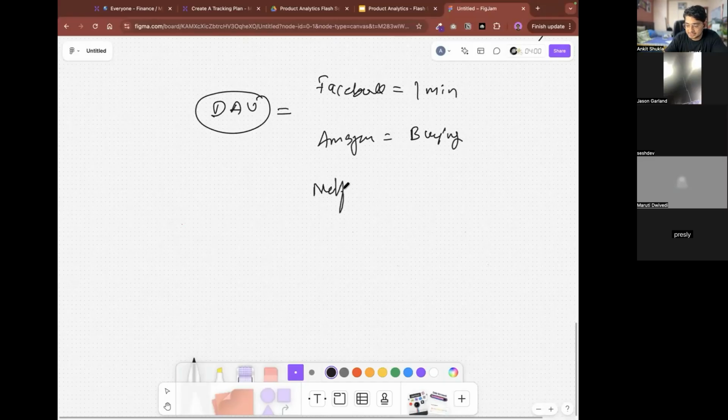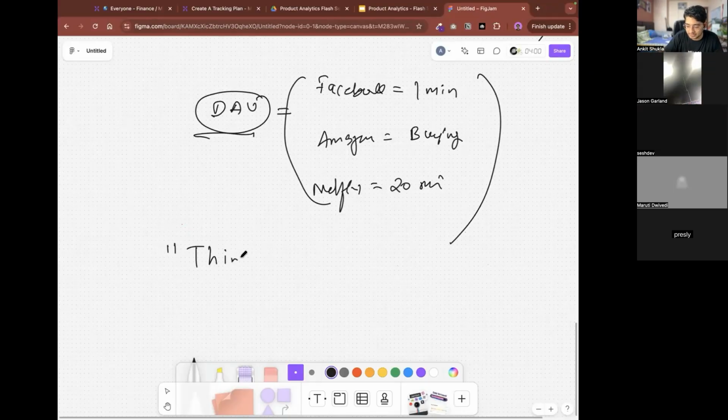For Netflix, it could be someone who is spending at least 20 minutes. So the definition of daily active users depends from company to company. Flipkart would not want you to just open the app and go away. That is not their daily active user count. So it depends on context. That's why the only thing you can learn from this session forever is to think for yourself.